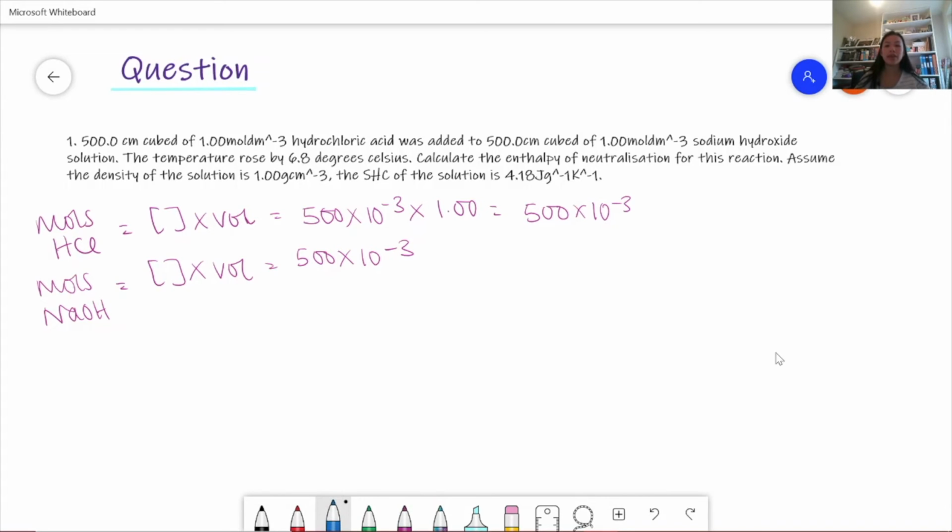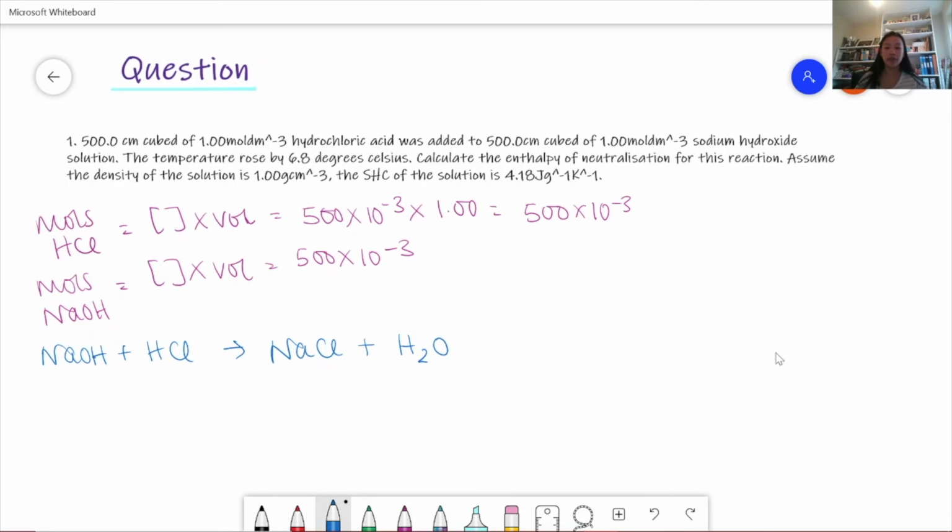And then the next step is to look at the equation. So when we mix sodium hydroxide and hydrochloric acid together, we form salt and water because this is an acid and alkali reaction. So we form the salt NaCl, sodium chloride, plus water.